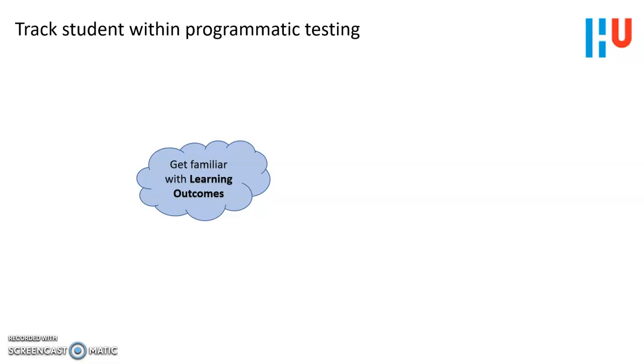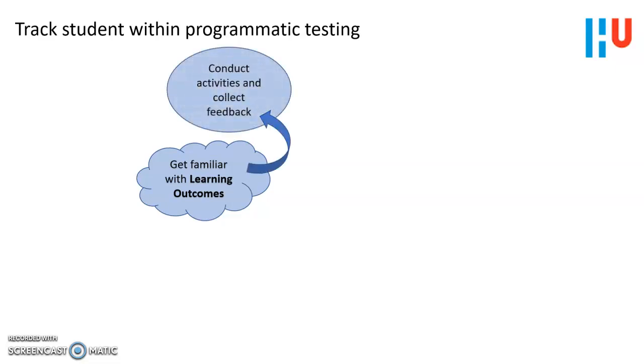Once you have a better idea of the specific level of the learning outcomes connected to the module you're taking, you can start working on those learning outcomes. And you can do this by conducting activities and collecting feedback. Examples of such activities are making a lesson plan at the HU, or having a conversation with a pupil at your internship school, or teaching a part of a lesson.